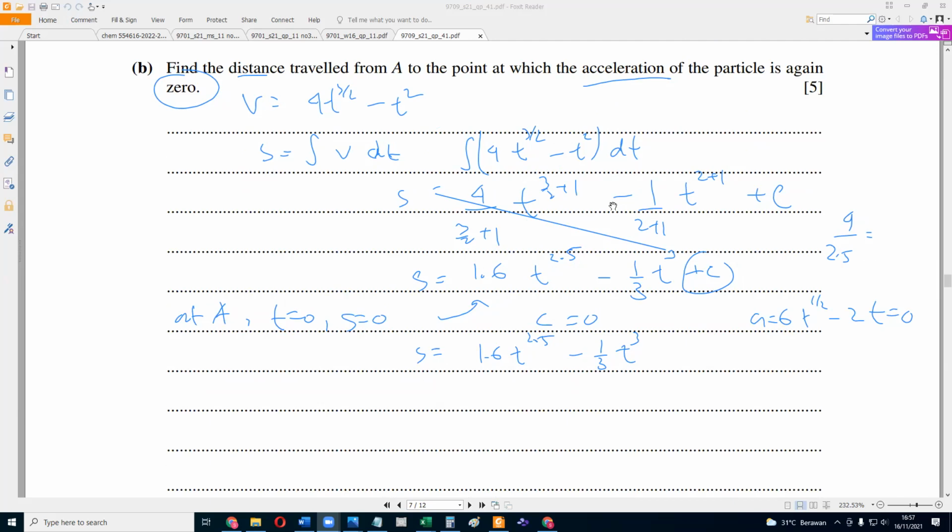Many ways we can do that. Let's say we divide this by 2. We have 3t power half minus t is 0. If you put t on the other side, 3t power half is t. Square it. You have 9t is t squared, so t is 9.